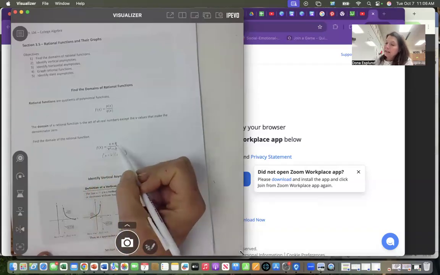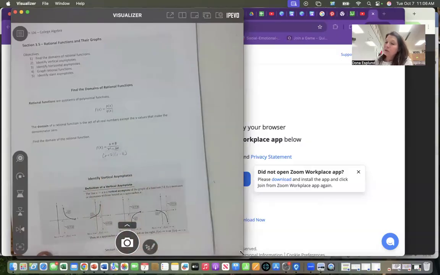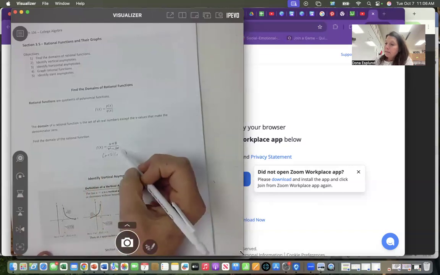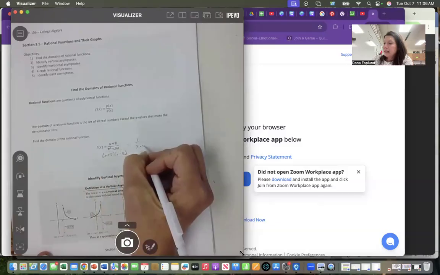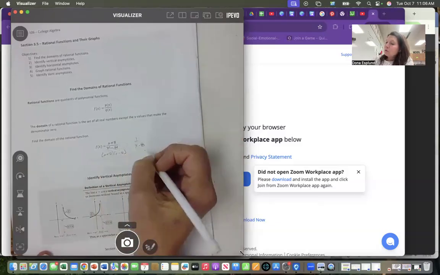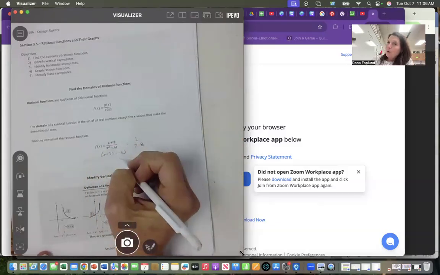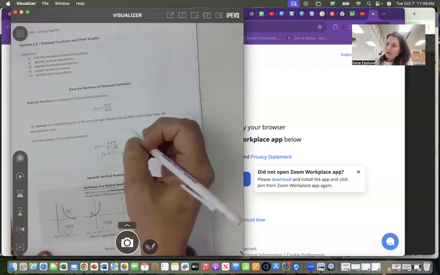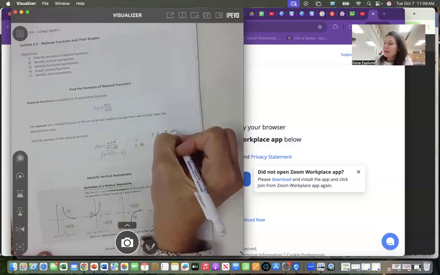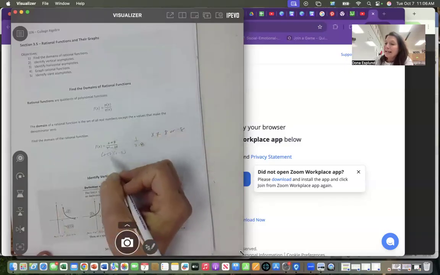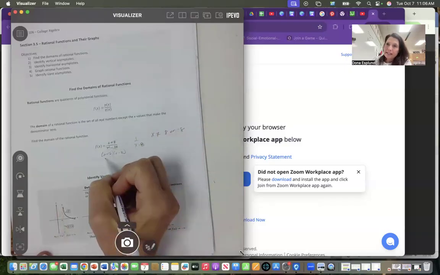In the top and the bottom, I still have an x plus 8 that cancels. So I'm left with 1 over x minus 8. Well, I still have to remember from the get-go what my restrictions in my domain are. So remember, x cannot equal either 8 or negative 8, even though I canceled out the x plus 8.